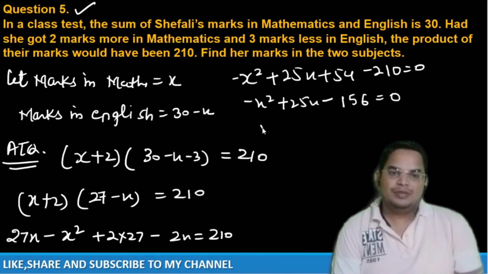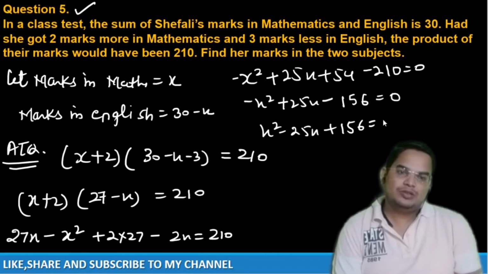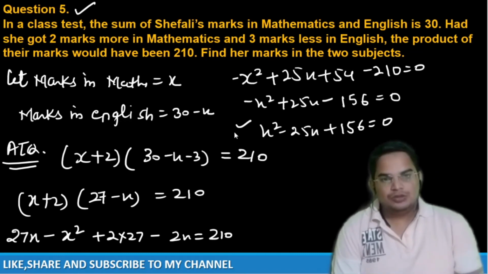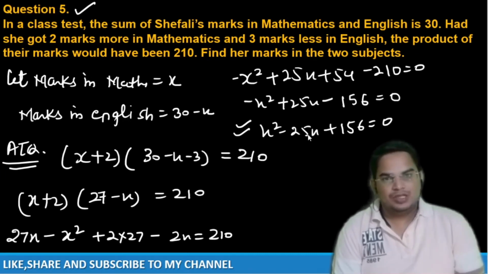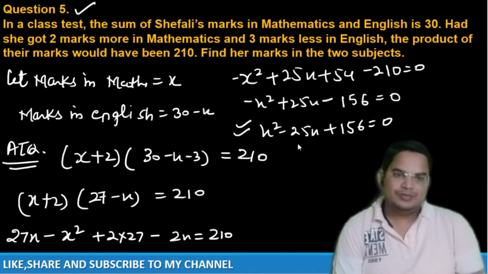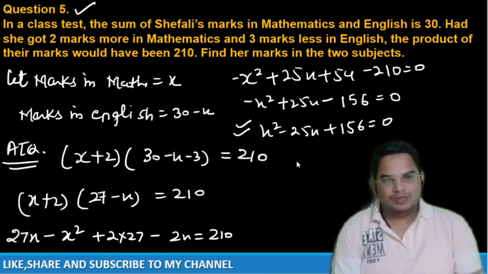So just multiply with the minus, it becomes x square minus 25x plus 156 is equal to 0. Now you can do the factors and you will get the answer. Okay, so do it by yourself.